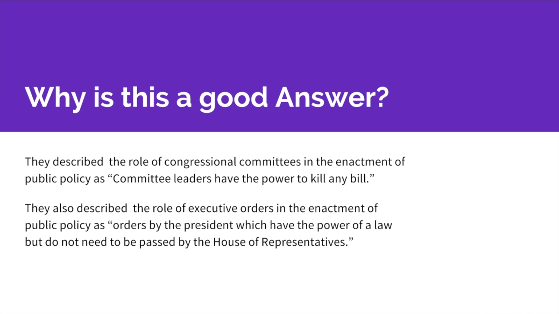They described congressional committees directly, and described what committee leaders have the power to do. They just directly answered why congressional committees are important and what they do, as opposed to the bad responses, which would say things like congressional committees are important or they are key to whatever, which don't really answer the actual question directly.